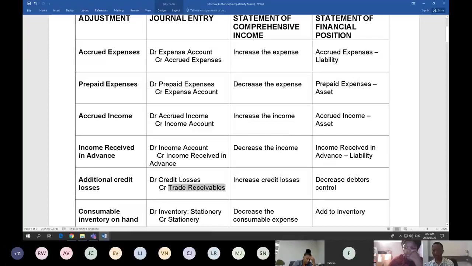The impact on your statement of comprehensive income is that you will have more credit losses. Your credit losses, your expenses, will increase. And in your statement of financial position, your trade receivables under your current assets, you will have to decrease those amounts. Okay.